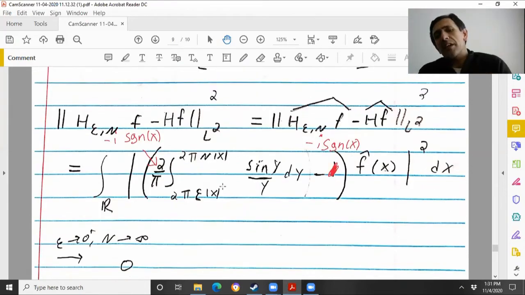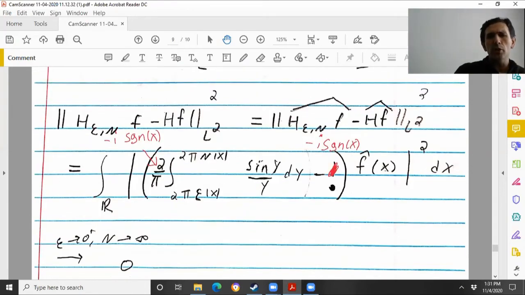So certainly in L2, you can use the dominated convergence theorem to get that as epsilon goes to 0 and n goes to infinity, this whole thing here is just 1, as long as, again, x is not 0, for almost every x.